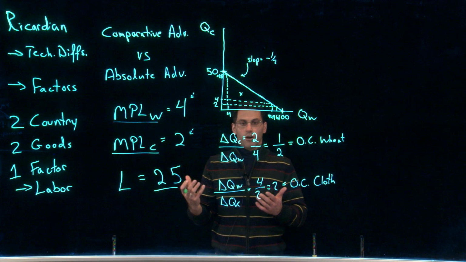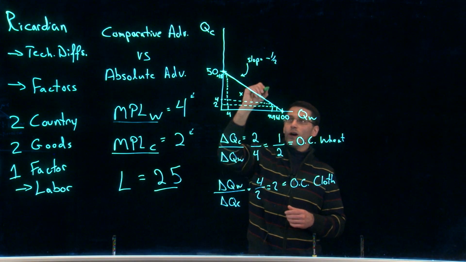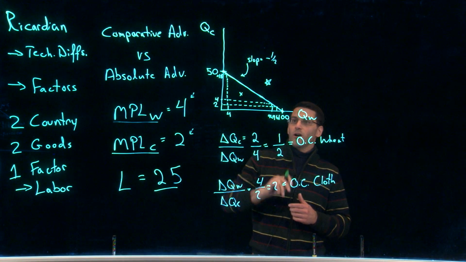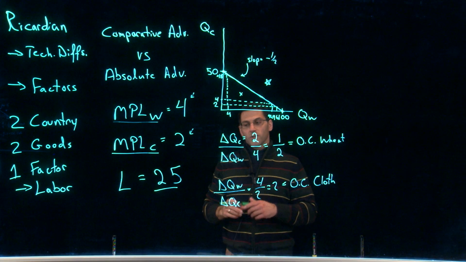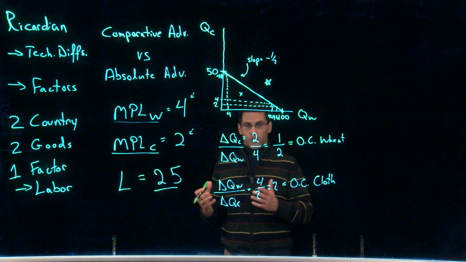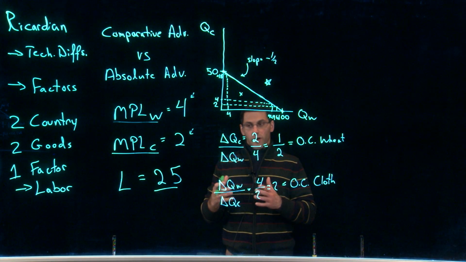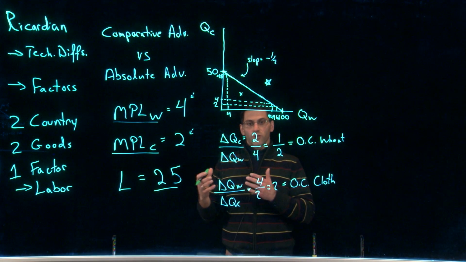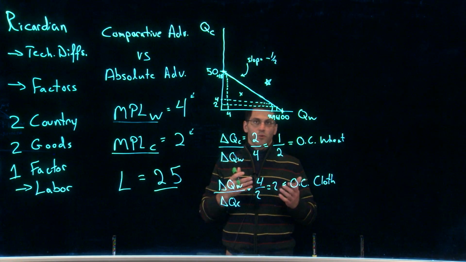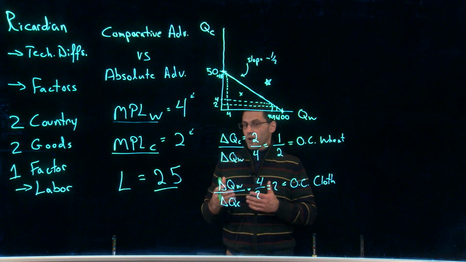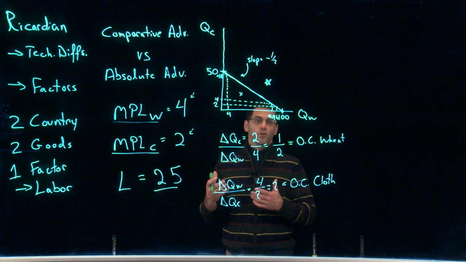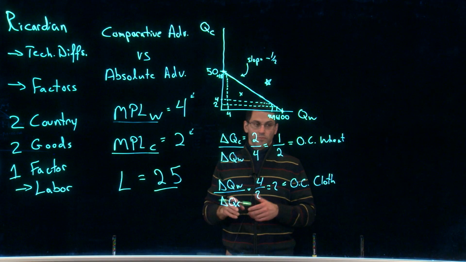That just means that people aren't working. You absolutely cannot produce outside of your PPF. And so that PPF constrains your production. Now, if you think about a closed economy, one where there's no trade, you can only consume what you as a society produce. So that PPF not only constrains production, it also constrains your consumption.